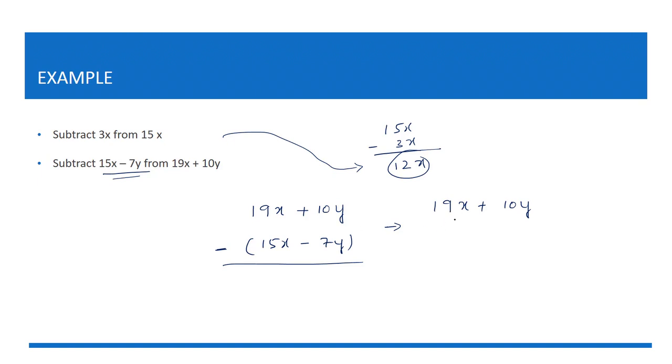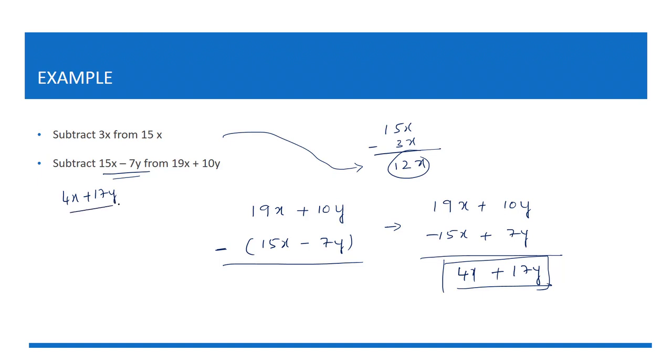Minus into plus is minus, that is minus 15x, and minus into minus is plus 7y. Both are plus, so simply add 10 plus 7, 17y, and 19 minus 15x is 4x. The answer for this is 4x plus 17y.